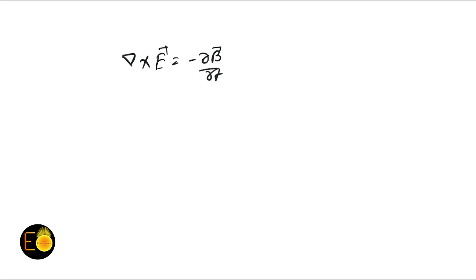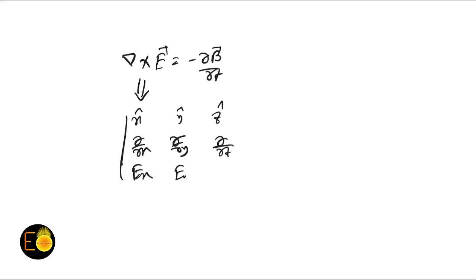If we take this curl, we get the determinant with x cap, y cap, z cap, del x, del y, del z, Ex, Ey and Ez, which equals minus del B del t.